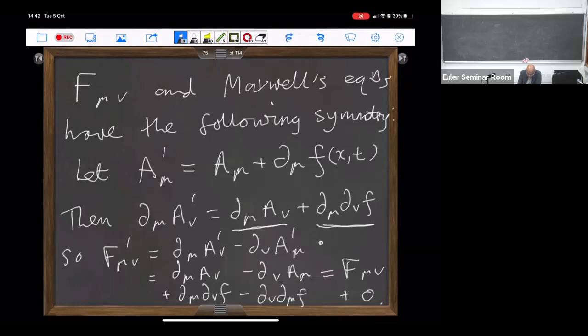Then I'll get a correction to d mu A nu, which is the one I just computed, and a correction to d nu A mu, which is the one I just computed. But you see that these last two terms are equal and opposite to each other, because the derivatives commute with each other. So they contribute 0, and we see that F mu nu prime is F mu nu.